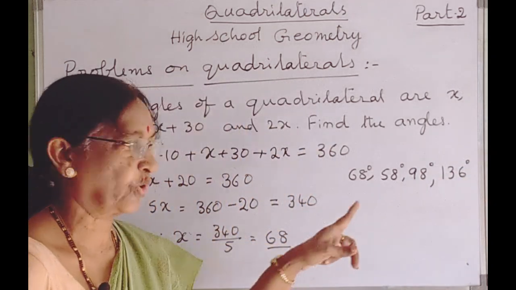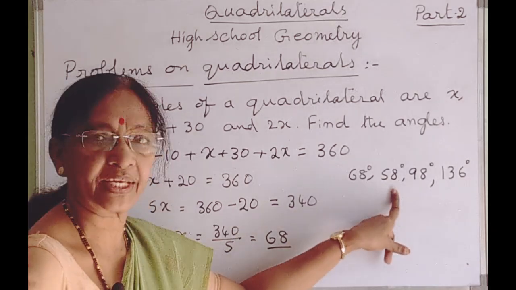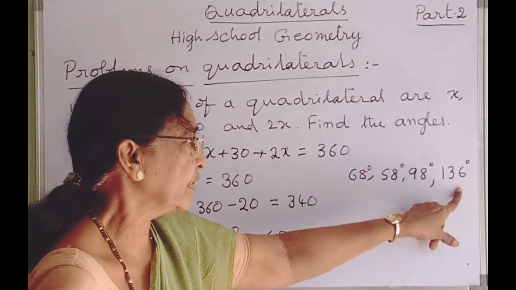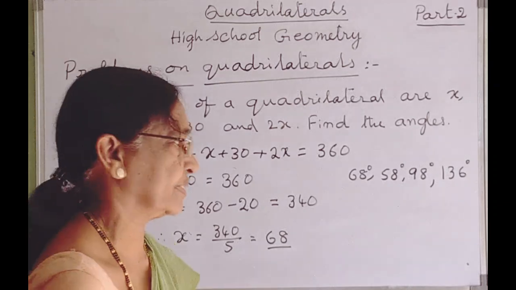Therefore, the angles of the quadrilateral are 68 degrees, 58 degrees, 98 degrees, and 136 degrees.